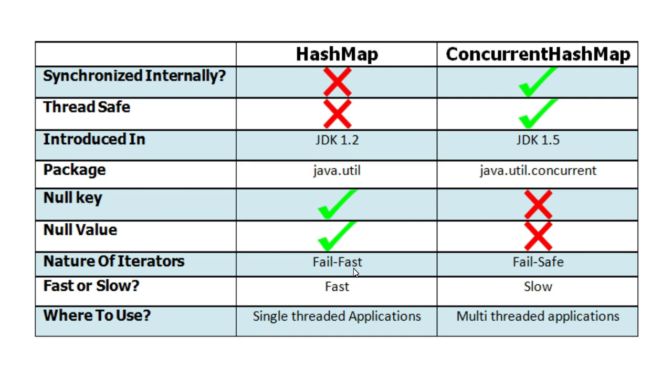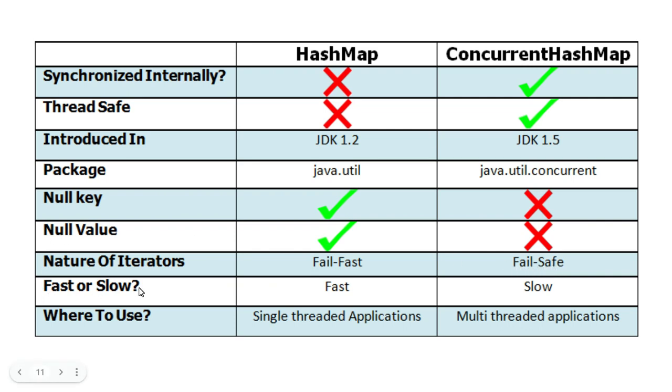Whenever multiple threads are doing operations on the hash map, it will fail fast, like immediately it will give the exception, and it will say concurrent modification exception. But the concurrent hash map is fail safe. We can't get any exception like concurrent modification exception, and that is called fail safe.